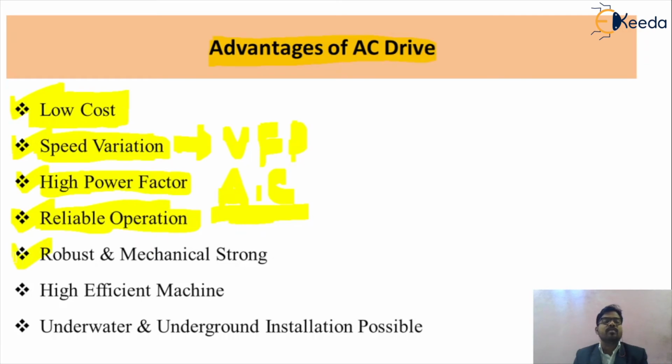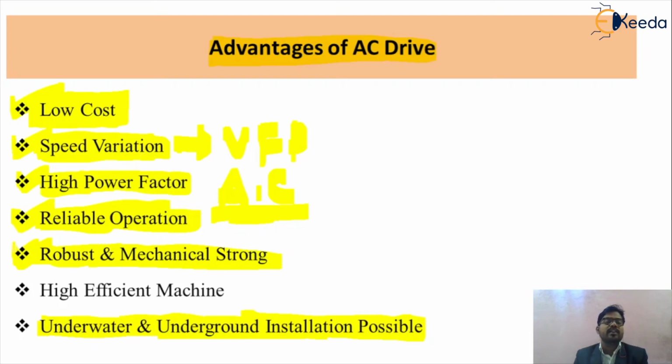Then the next very important advantage is that it is robust and mechanically strong. The construction of the AC motor is robust and mechanically strong. Due to that, we use such AC drives in various underwater and underground installations and in hazardous environments such as mining. So this is one of the advantages of your AC drive.